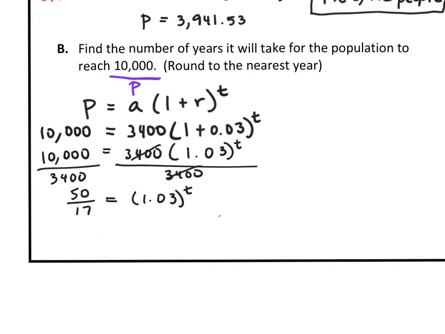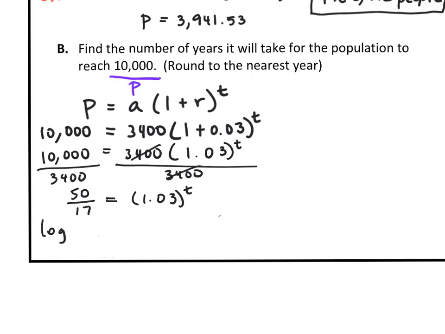And now we have to ask ourselves, what do I do in this case? How do I get rid of the T? And what should come to mind is log. So we practiced on last lesson, I think it was 4.02. We're going to apply log to both sides. So we're going to have something like this.